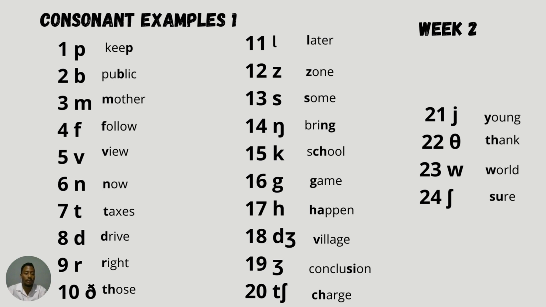For example, number one is P, keep; B, public; M, mother. For example, the letter V. We have a V, view.